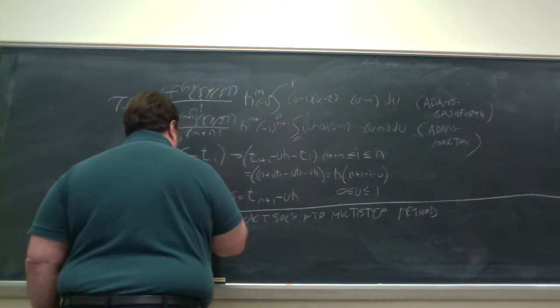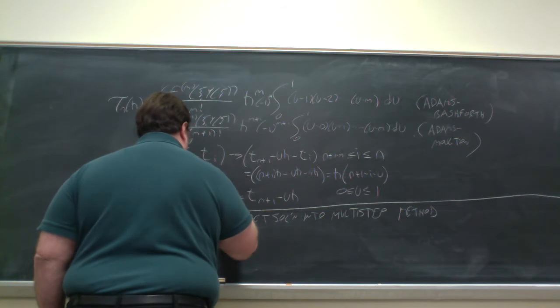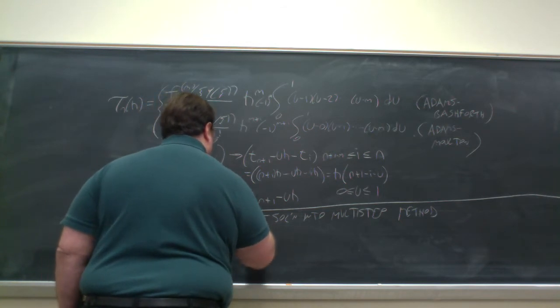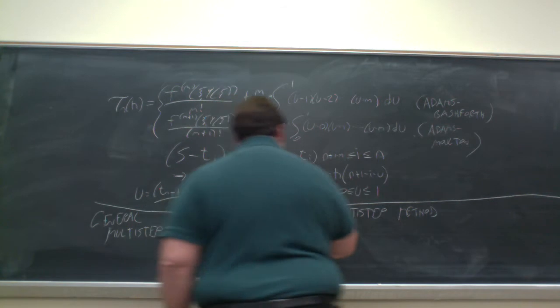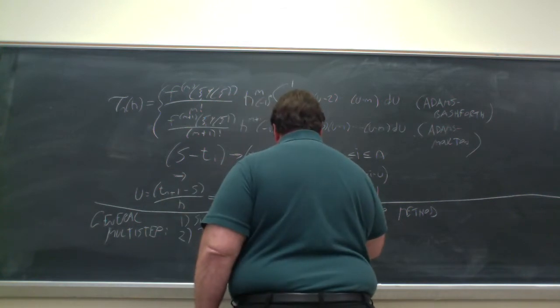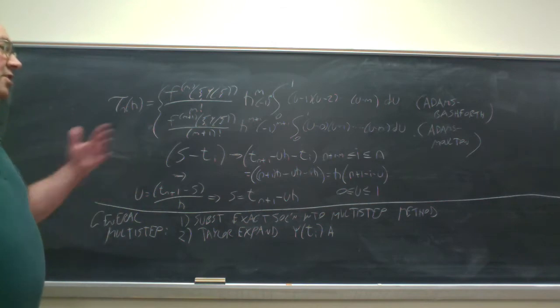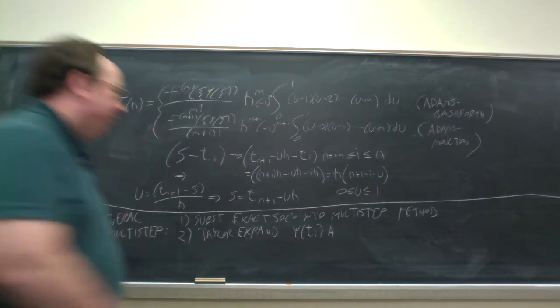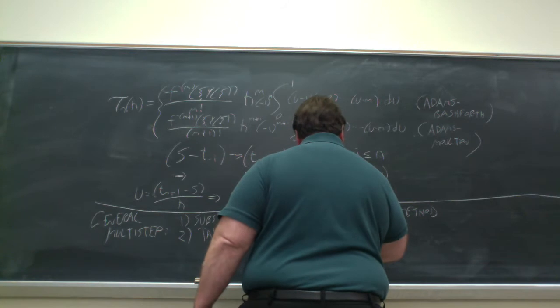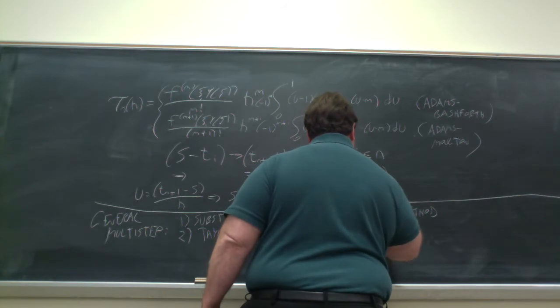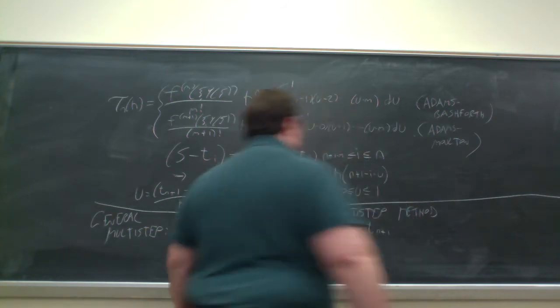And then the second thing you do is you Taylor expand all your different y values, because you have y at different t values, t_{n+1}, t_n, and going backwards from there. And you expand around t_{n+1}.